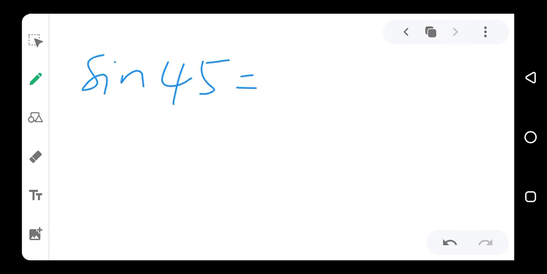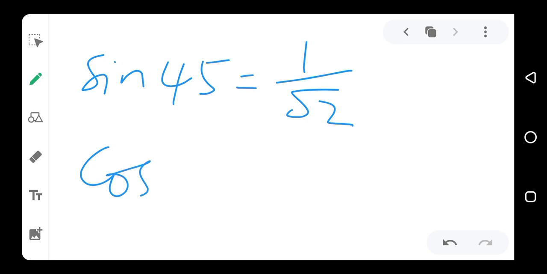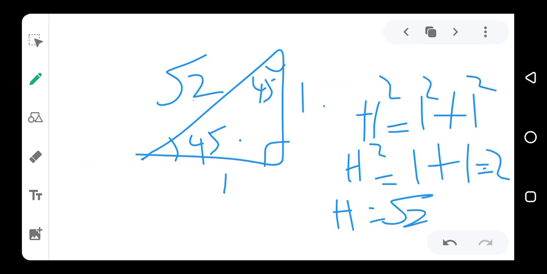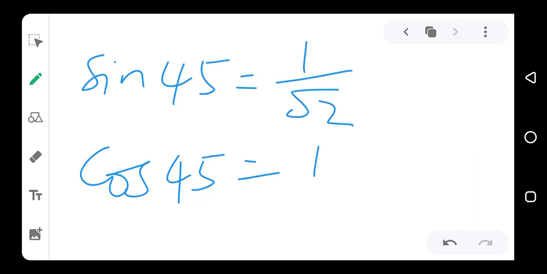So sine 45 is equal to 1 over root 2. Cos 45 is equal to adjacent over hypotenuse, which is 1 over root 2.